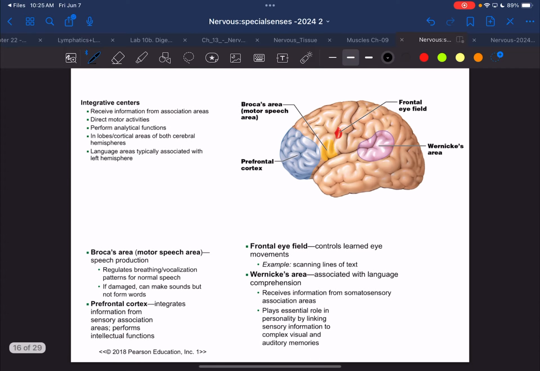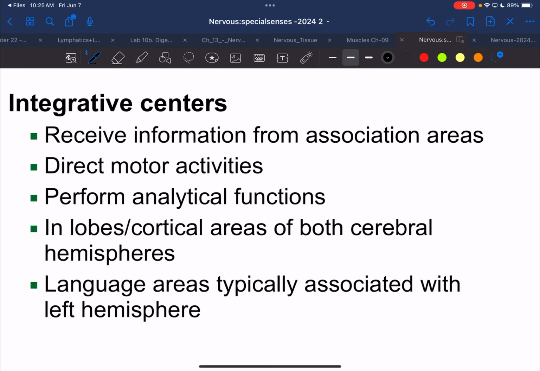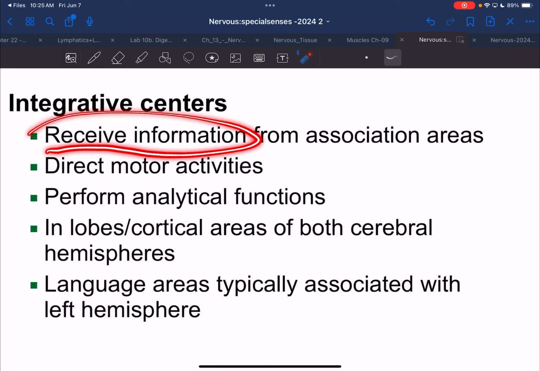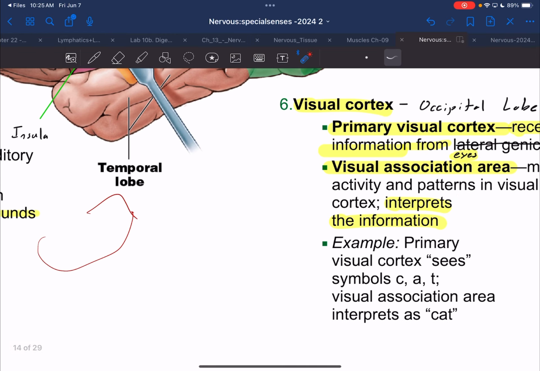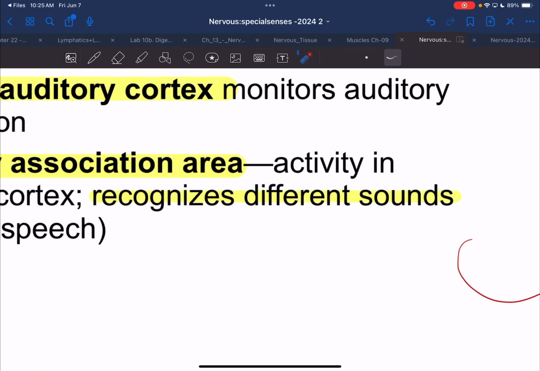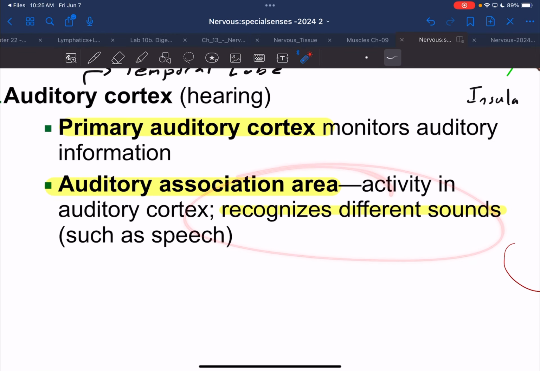And as we move into this next area, this is called integrative centers. What this means is that you receive information from different association areas. Again, it's like if you're combining visual information with auditory information, right?